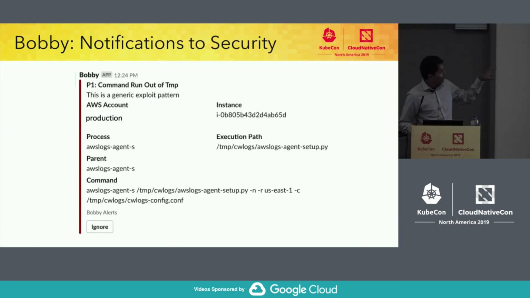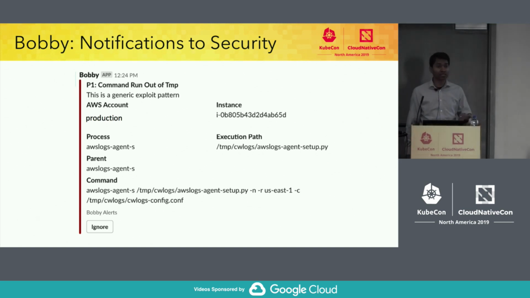So this is how actual alerts are seen on Slack by our security team. Since it's a P1, command ran out of temp, maybe somebody is going to be woken up in the night. This account is production, the instance name is given, the process is AWS logs, and in the execution path you can see where it was executed.